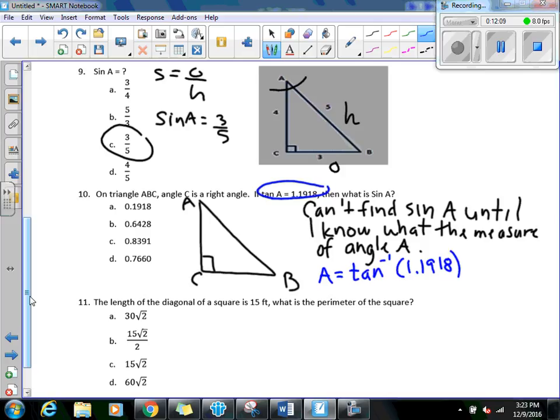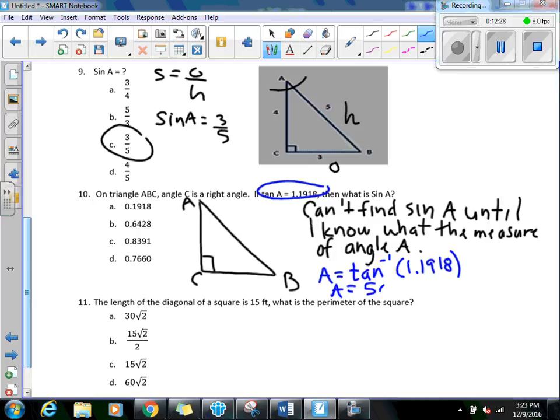And then I can go back and find the sine of angle A. So I'm going to use the second key because I'm looking for the angle measure. Whenever I don't know an angle and I'm being asked to find an angle measure, then I'm going to use the inverse function. So I got 50 degrees.